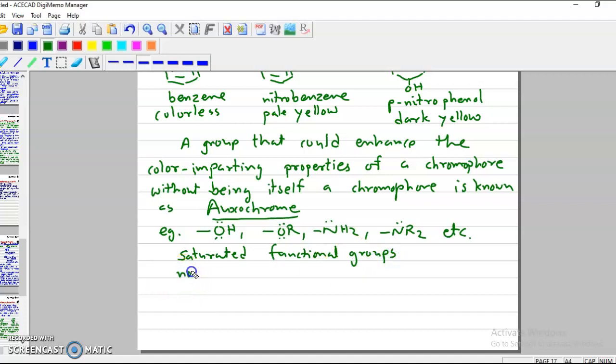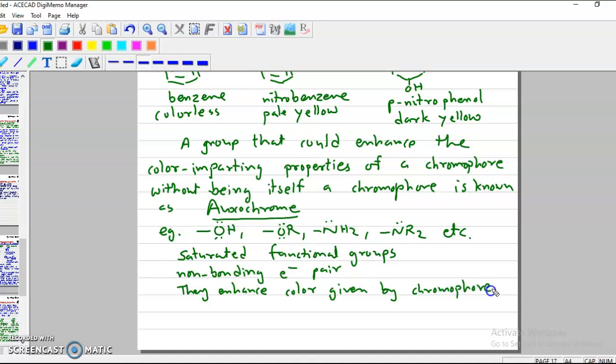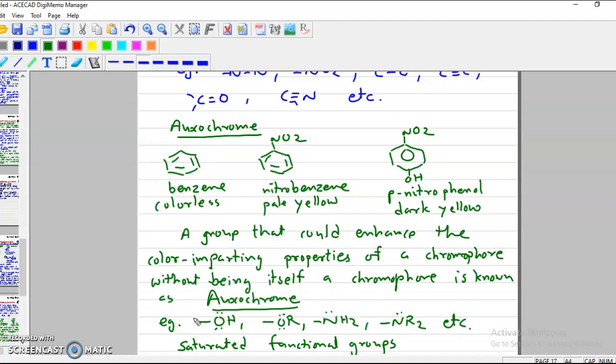Then they should have a non-bonding electron pair. They enhance the color given by chromophores. They themselves cannot produce color. Okay. So that is the main criteria of this functional group.